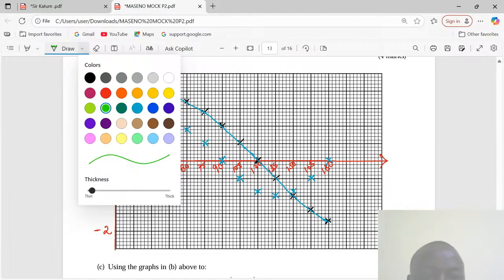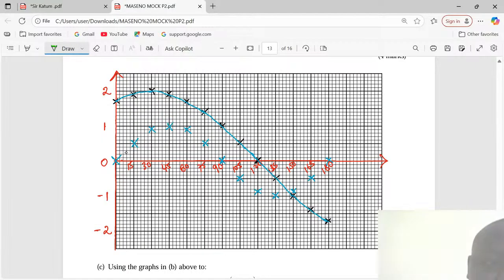Allow me to use this particular color here. I almost wanted to say green, but I remember I don't know the name of this color. Look at these. Look at that.